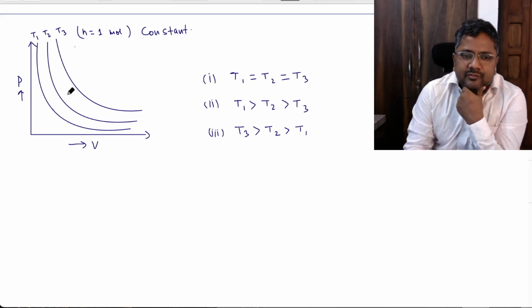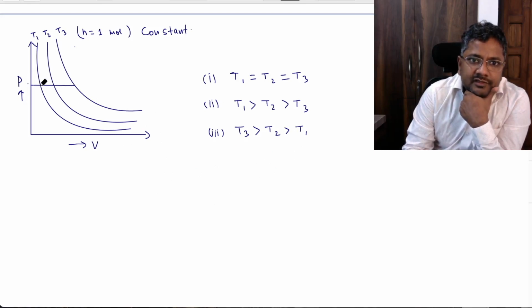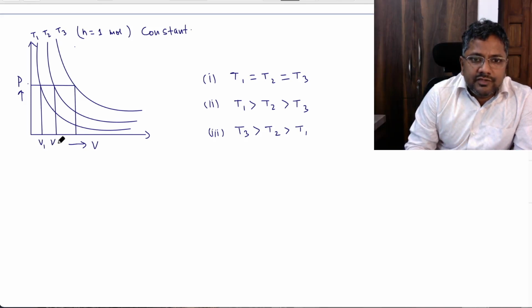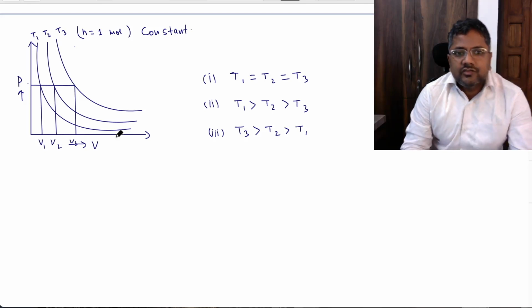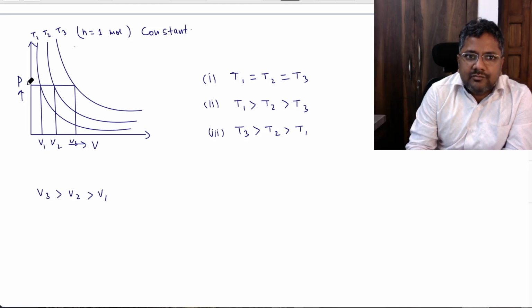Suppose that. So how to proceed with such type of question? There are two ways. If you take any fixed point P on this axis, you can make the perpendicular from here to here, and then join this. This is V1, this is V2, this is V3. So see, V3 is greater than V2 is greater than V1 at constant pressure.